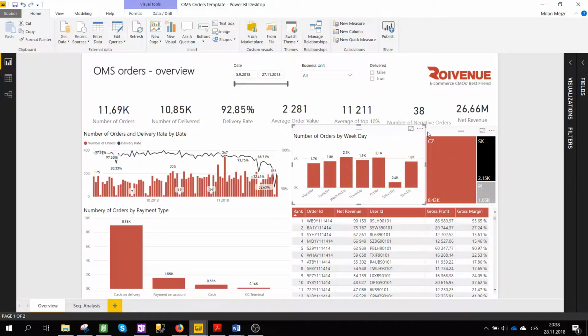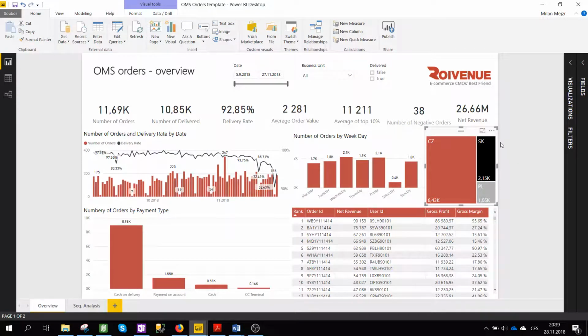Let's go to another one, which is the tree chart. In this tree chart, we show country code and number of orders. So as we can see, the Czech Republic is the biggest one. It has basically 8,400 orders.